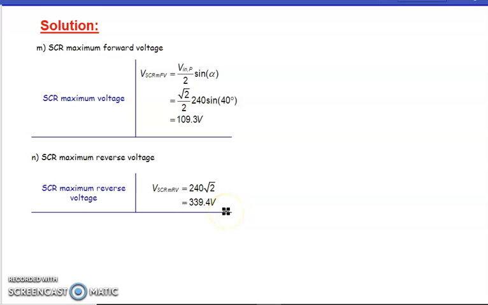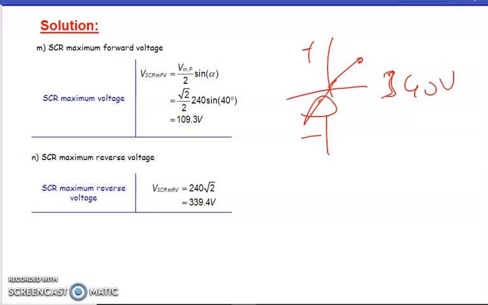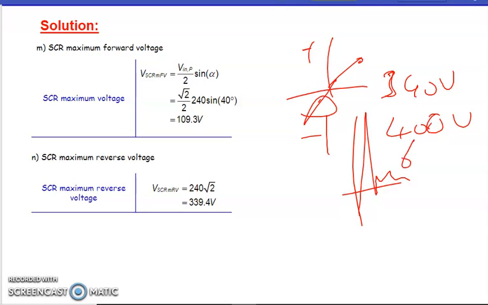That means if we select the device to be operated in our converter, the thyristor should withstand at least 340 volt, and maybe you have to find a 400 volt device because we have to cater for the spike. When you switch on, you will have a spike. So 400 volt or 600 volt.